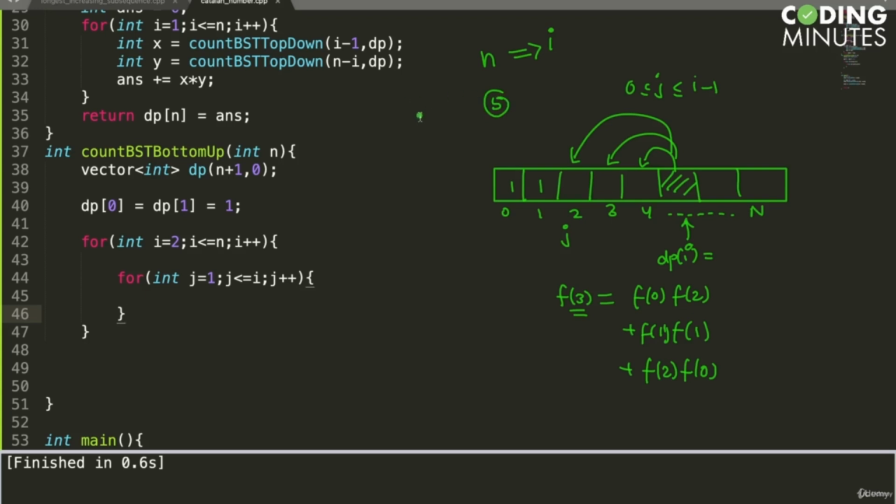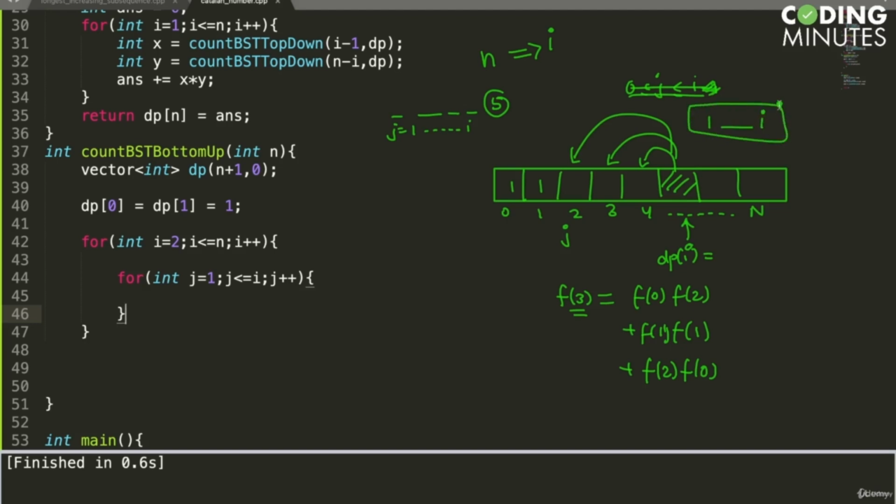So we are iterating from j equal to 1 till j equal to i. That means we are treating all the nodes as root node. So we should go from 1 till i. Either we go from 0 to i minus 1, or we go from 1 to i, both are fine.